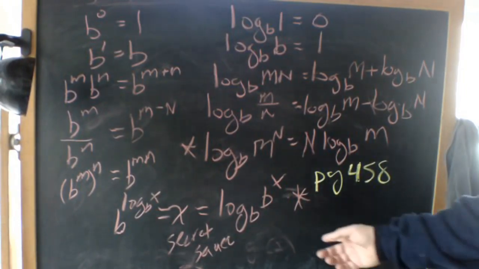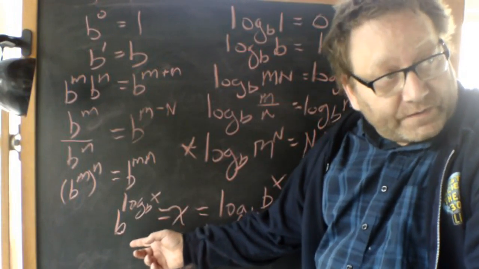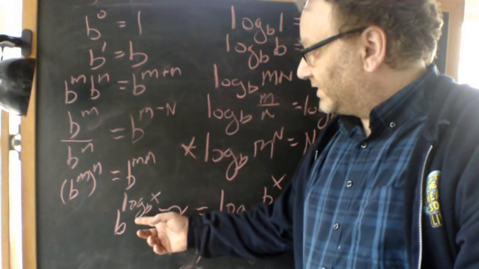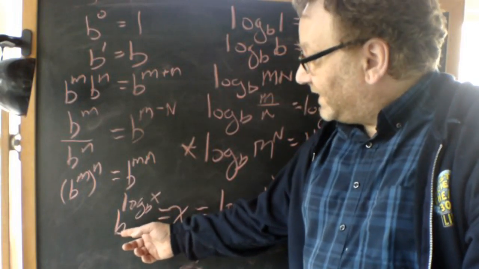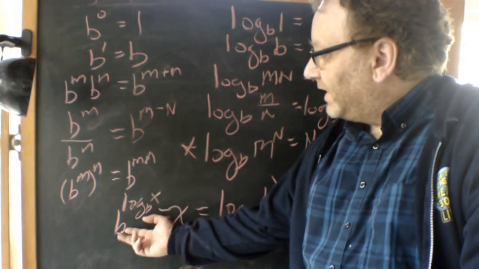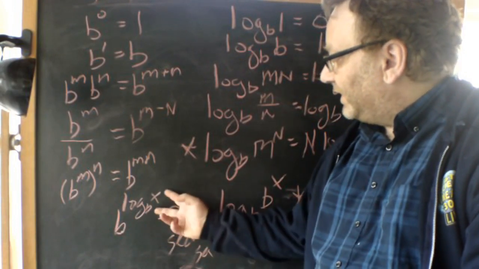And the thing that really helps me get things out of logarithms are these inverse functions. And so these inverse functions, if I take the base and have my logarithm be the exponent of that base, they'll cancel out, leaving me with the term of the logarithm.